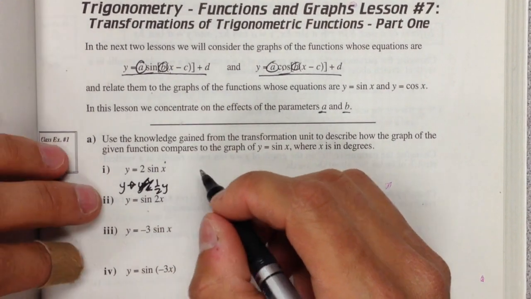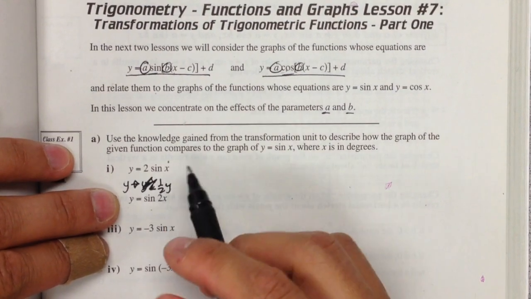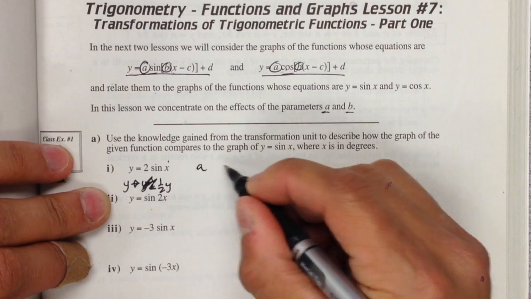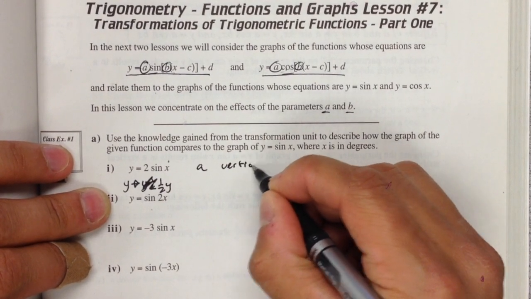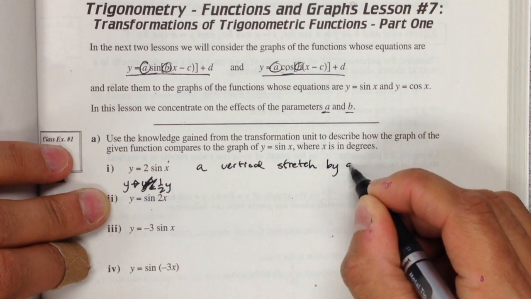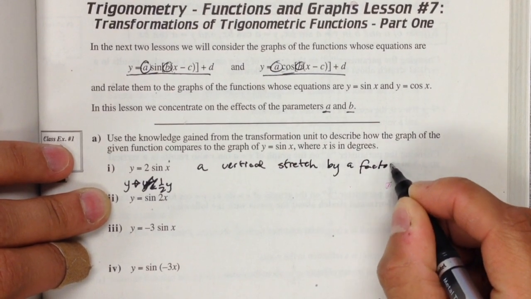In the beginning of the course, we talked about what impact this would have on a function. It was a vertical stretch by a factor of 2.